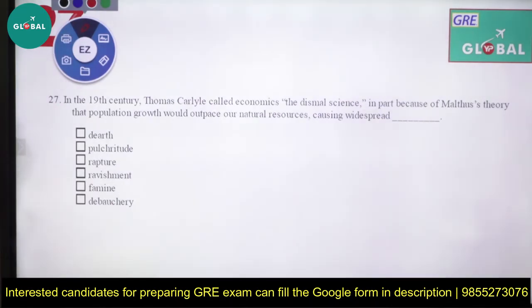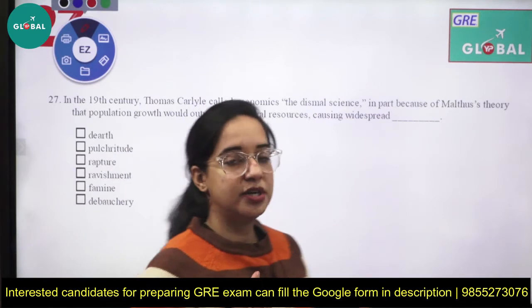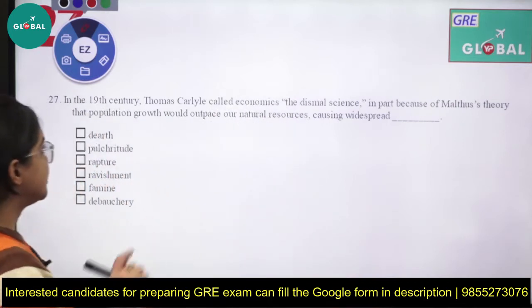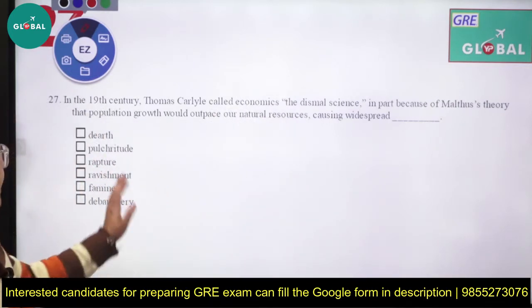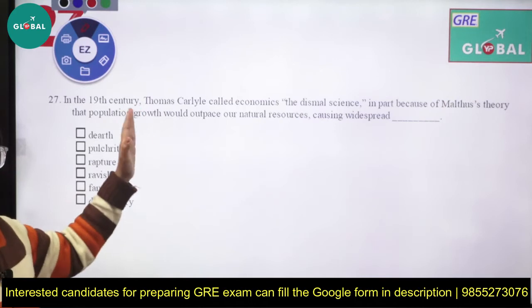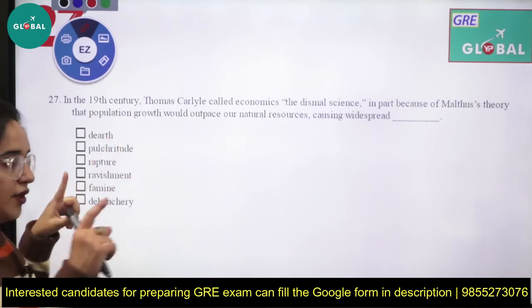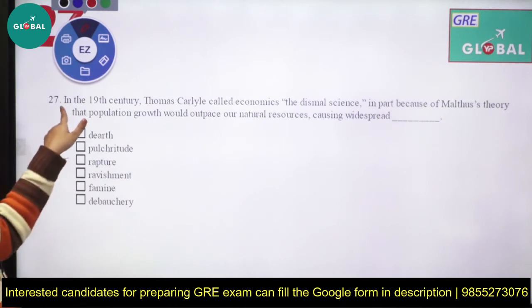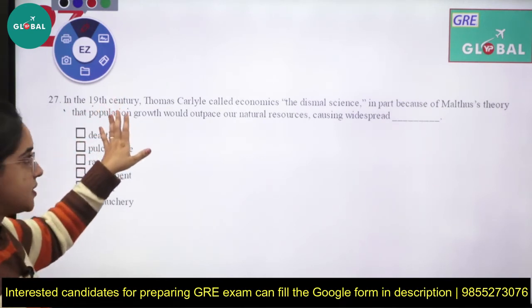Being a literature student, how do I read the sentences? As I told you in my previous video also, whenever there is a punctuation mark, do stop while you are reading. First, read it in one go, however much you understood, no matter what. In the 19th century, pause.